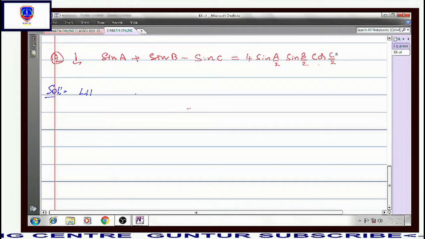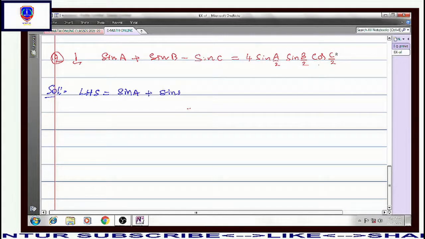Take LHS, which is sin A plus sin B minus sin C. This is the left hand side part of the question, and for proving this question, that means we have to show LHS equal to RHS.